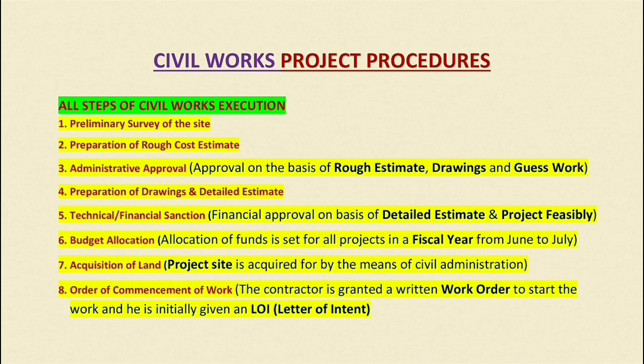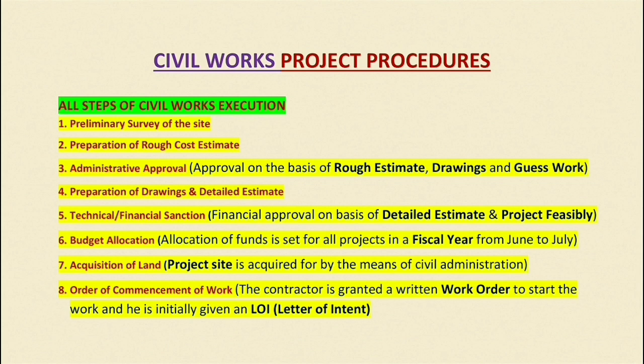Then the third step is administrative approval. Once we have the rough cost estimate and the initial survey done, we acquire administrative approval on the basis of the rough cost estimate, drawings and guesswork. By the way, drawings are also prepared along with the rough cost estimate. These are not detailed drawings, just rough drawings and guesswork, because we have to calculate the area and volume of certain items.